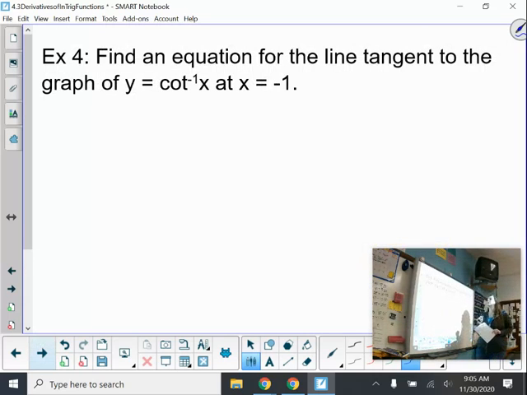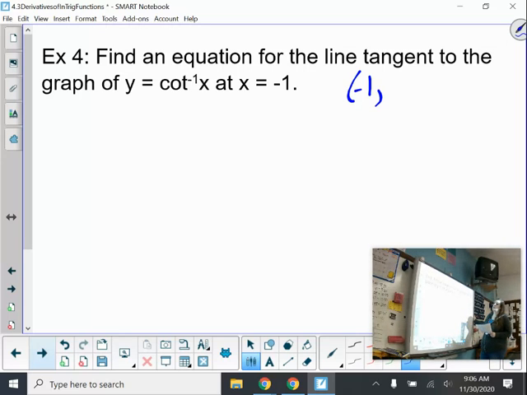And that brings us to example 4. Find an equation for the line tangent to the graph of y equals inverse cotangent of x at x equals negative 1. So since we're finding a tangent line, we do have to plug in that negative 1 in order to find the value.